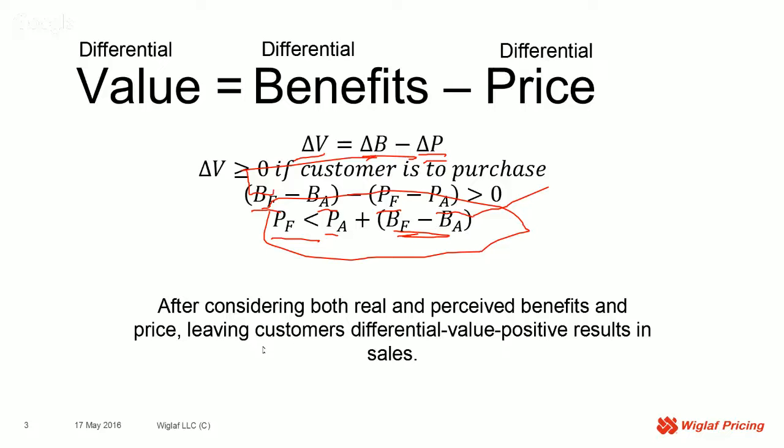If I leave my customers better off on a differential value position, they will buy. Pretty straightforward. Now notice that this equation includes my competitor right there in the price of the alternative. But it also importantly includes my differences in benefits, what my firm offers compared to the other, what you offer compared to your competitor.